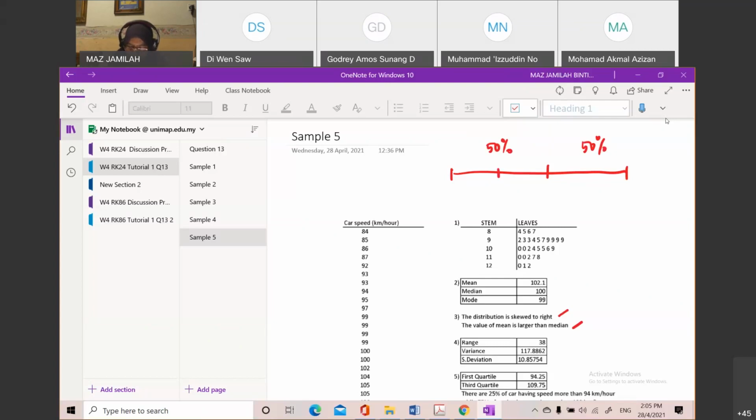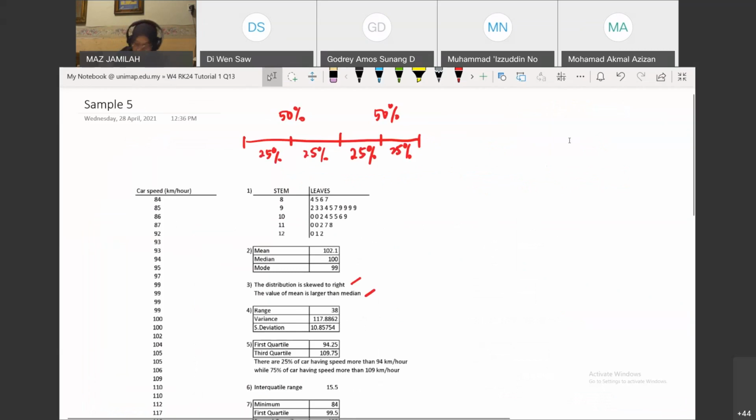And from this 50%, you will have 25% here and 25% here. The same goes for the next part. So if you divide them into first and third quartile, this is your first quartile and this is your third quartile.